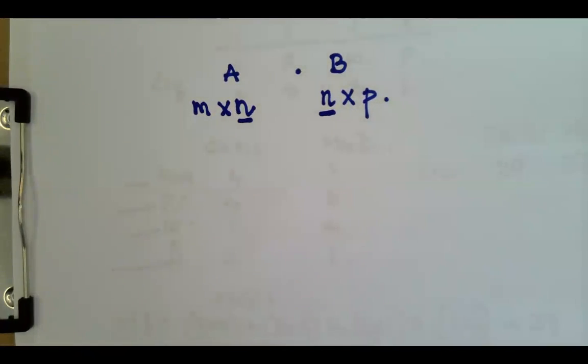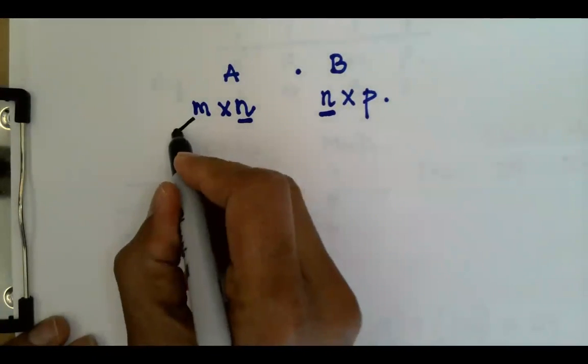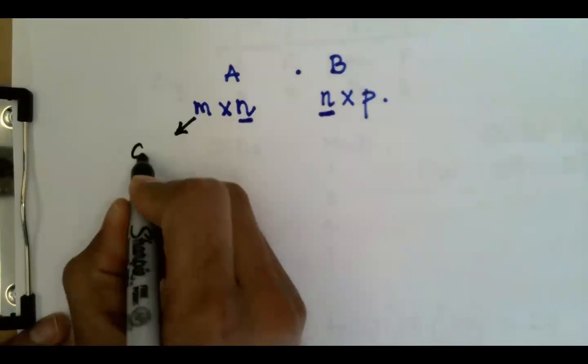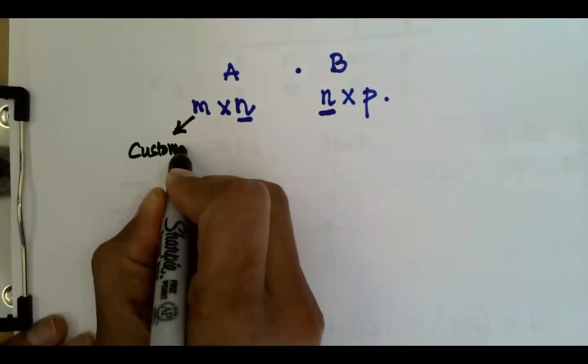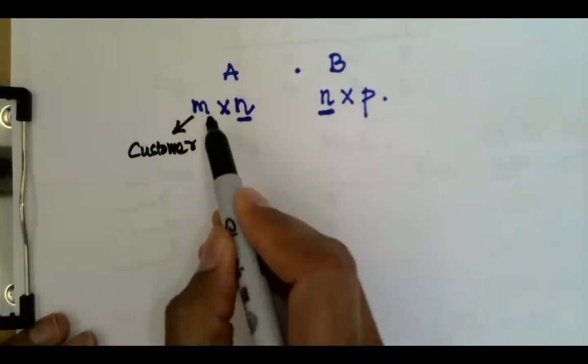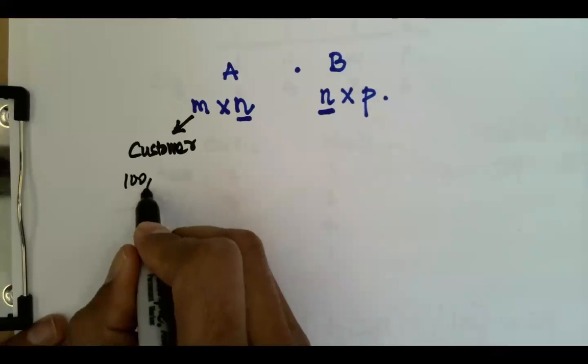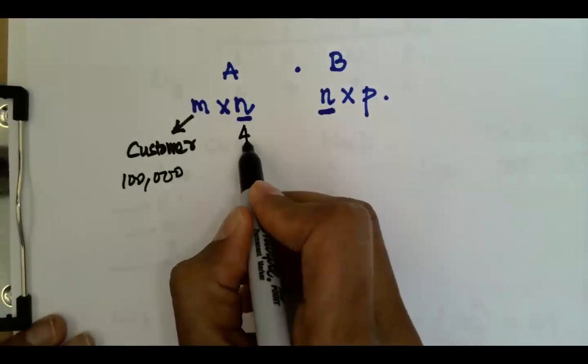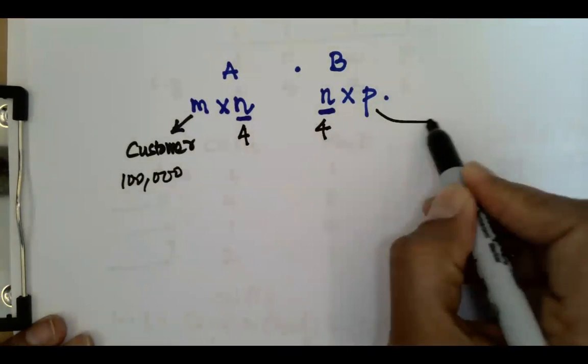Now, what it allows us, because m can be any number, is that here in the case of our customers, this was customer one. So we can have as many different customers, even 100,000, that's not a problem. But here the attributes are 4. These are the 4 attributes, and these are the restaurants again.